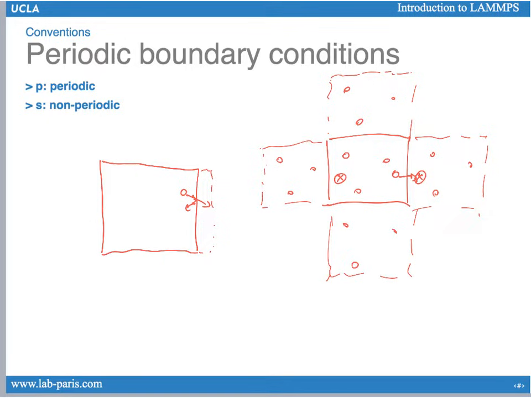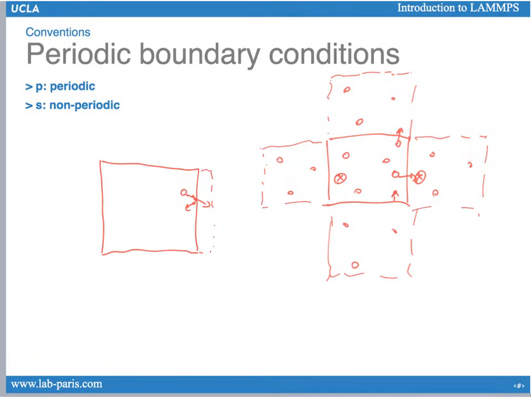So in practice, with periodic boundary conditions, if one atom moves and goes out of the box, it effectively comes back from the other side. That's why it's called periodic boundary condition. If an atom moves out on the right, it comes back from the left. If an atom exits from the top of the simulation box, it will come back from the bottom.